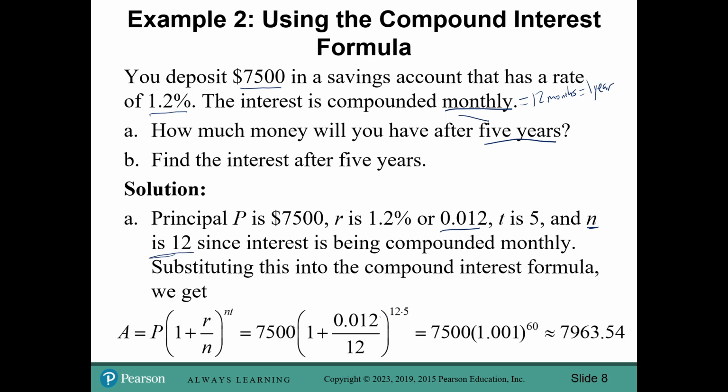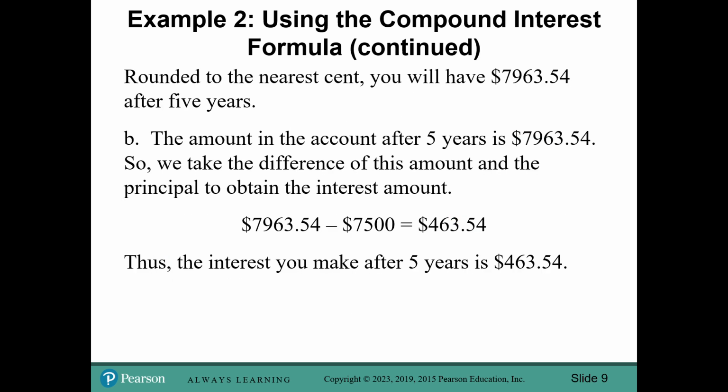Then we raise that to an exponent of nt, so 12 times 5, 12 times the number of years, which is 5 years. We compute all that out, and we find that after 5 years, our $7,500 has now grown to $7,963.54 approximately.